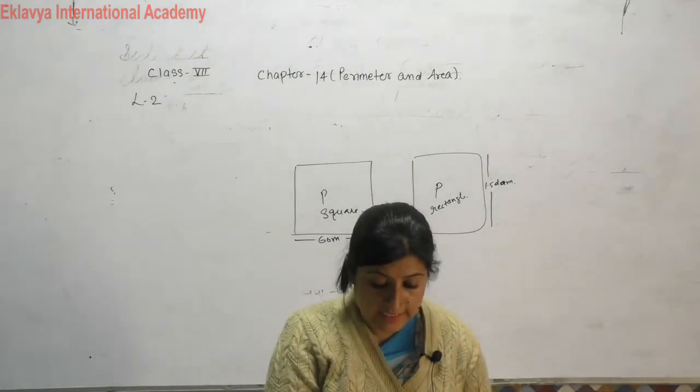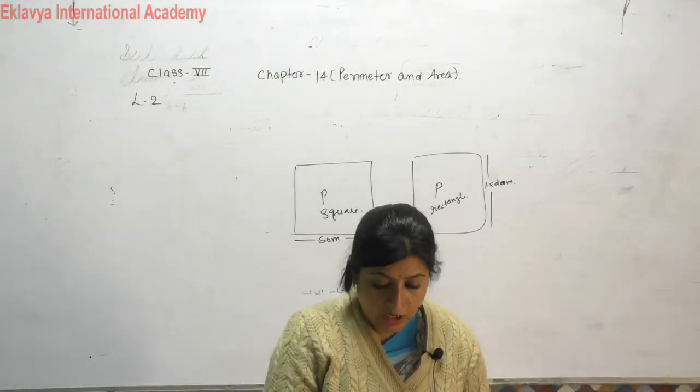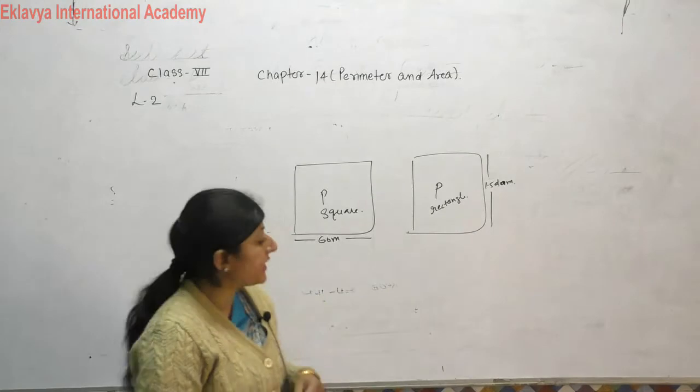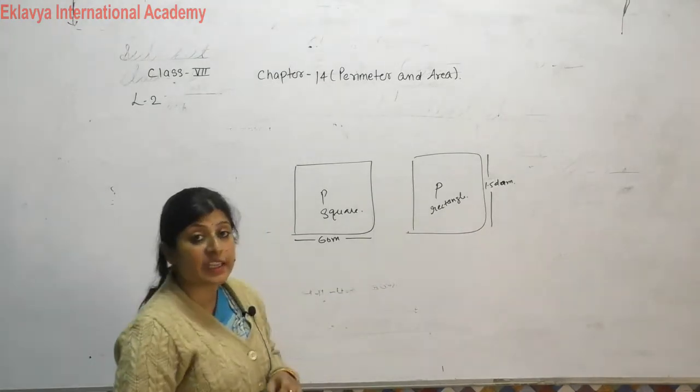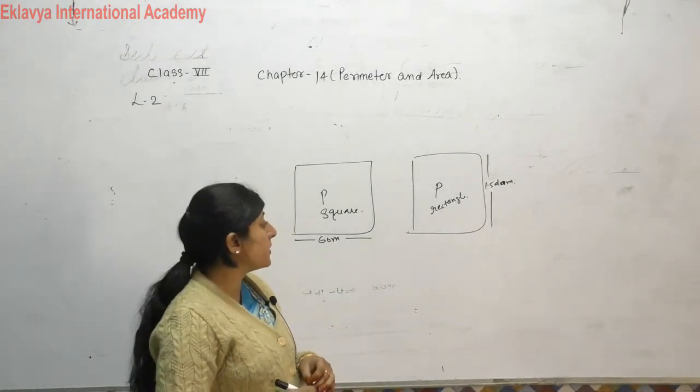Which plot has the greater area and how much? इन दोनों में से किसका एरिया ग्रेटर है and by how much?